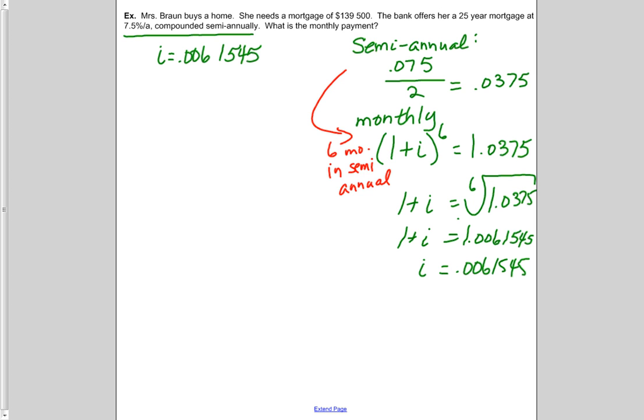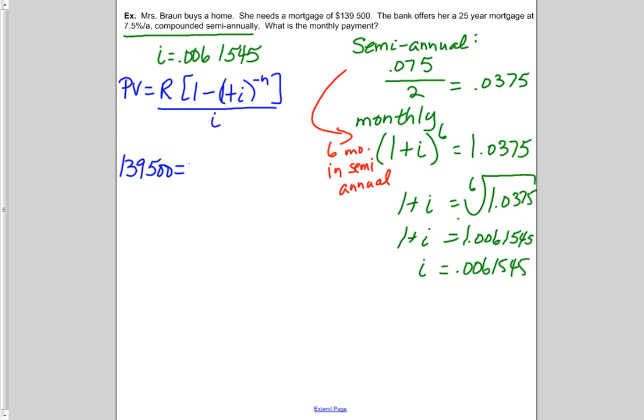Let's figure out our monthly payment. If I am taking a mortgage, I am taking a present value. It's an annuity, and it's money I want right now to buy my house. So it is a loan, and I have my present value formula, R times 1 take away 1 plus i to the negative n, over i. My mortgage is $139,500.